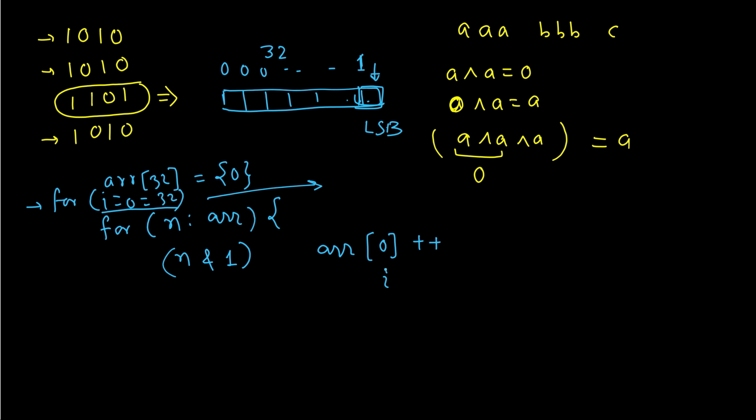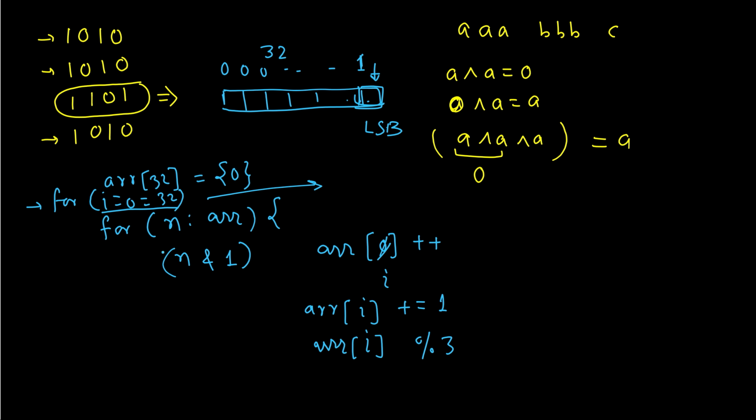In this way, we will count how many numbers have this first bit set. And here, instead of just adding 1 to it, we can also store the modulo 3 of this, because whenever it occurs 3 times, we have to reset that. Or you can do everything at the end also.